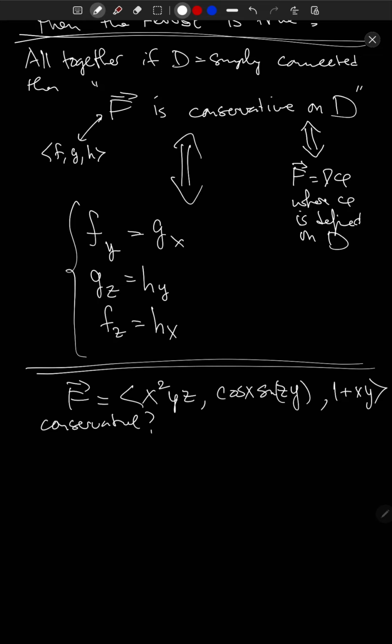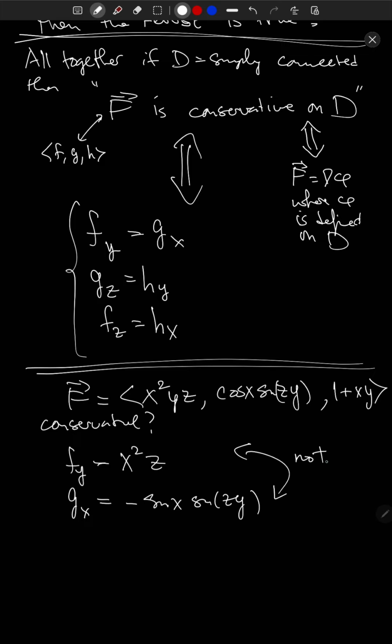If this is the question, just calculate these partial derivatives and see if the correct ones are equal to each other. So f sub y is equal to x squared z. G sub x is equal to minus sine x sine of zy. Are they equal? Not equal, so this guy's not conservative.